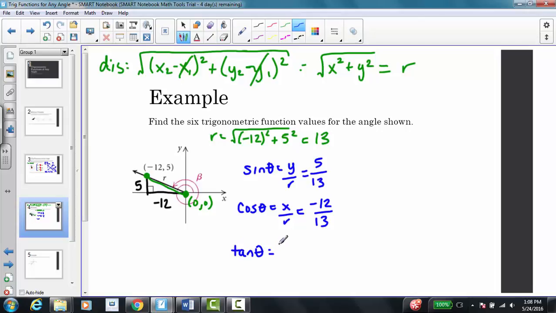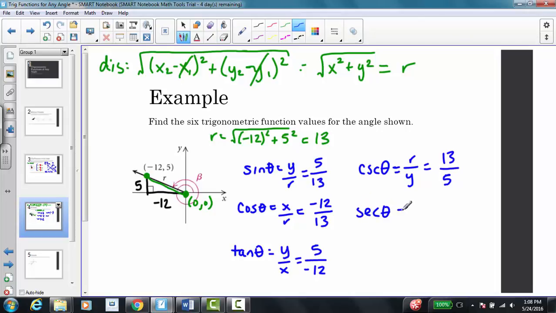Tan theta we said was y over x. Y is 5 and x is negative 12. Then we have cosecant theta. Cosecant theta, remember, is the reciprocal of sine. So I have r over y, 13 over 5.